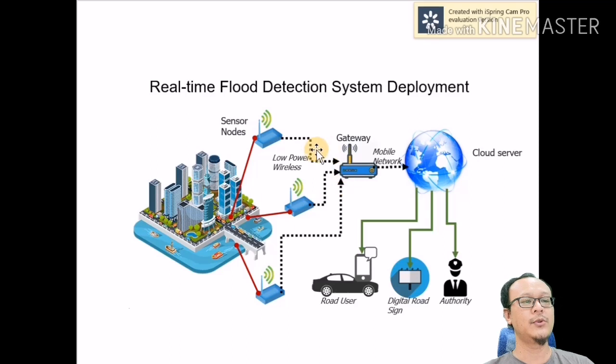We have a gateway to connect the sensor to the internet, and we have a cloud server, which is our IoT platform. And then next, we need to have a user interface, for example, for the authority to monitor the flood.